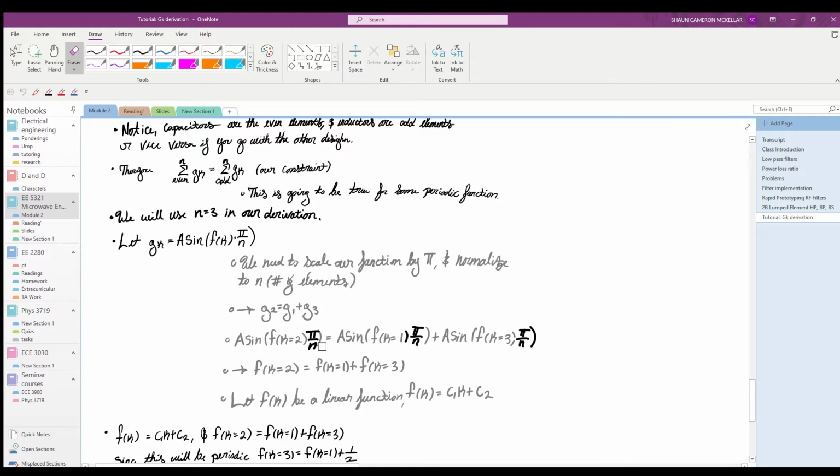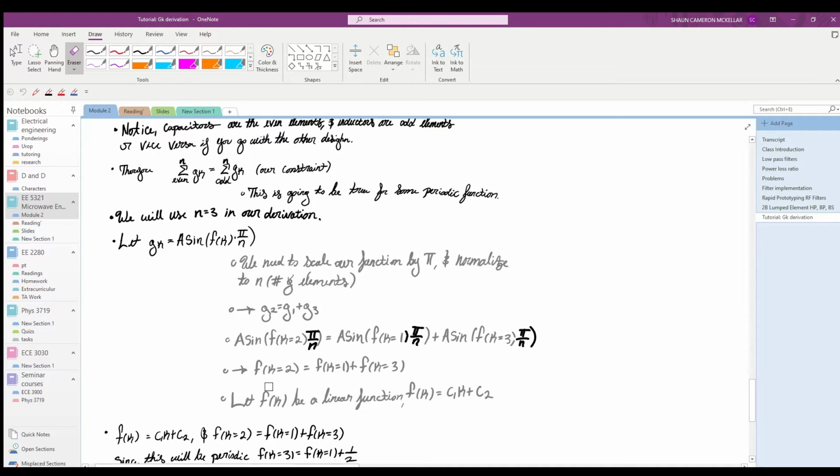Alright, now what we can do is divide by a on everything, take the sine inverse of everything, and then we have this common factor of pi over n that can come out. And so what we're left with is our interior functions evaluated at the indices that we had mentioned earlier. So you're left with this function we got here from here, pretty much.